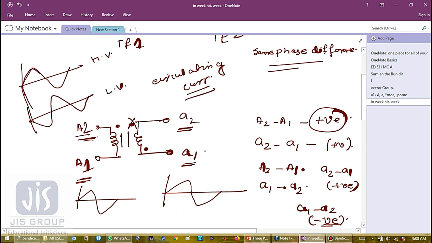I have drawn it a little bit differently because I am not a very good artist. Basically all the time instants will be the same for both high voltage and low voltage side. So this peak will occur at the same position, this zero will occur at the same position, again this peak will occur at the same position, and so on. So there exists a 180-degree phase difference. That is the meaning of dot convention.